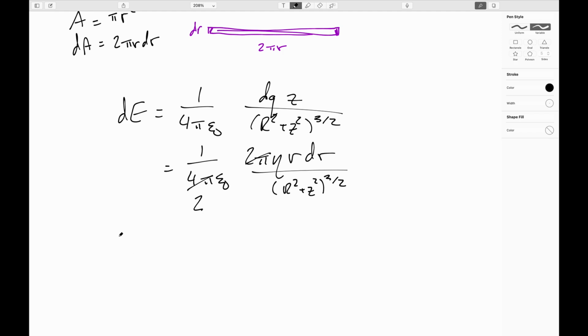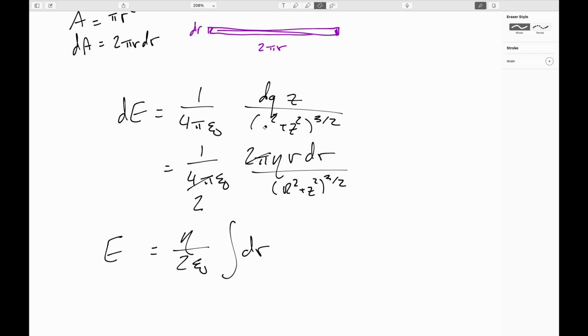And now to get E, we're just going to integrate our dE. So we can pull out whatever constants we still have. Let's see, we've got an eta over 2 epsilon naught. And we are going to be integrating with respect to r. Sorry, this should be a little r right here.